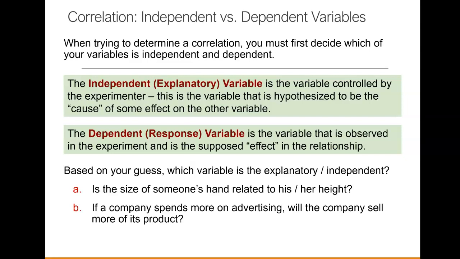What about the money spent on advertising and the amount of product the company sells? Good. Yeah, we would suspect that the more you advertise, the more stuff you can sell. Absolutely.